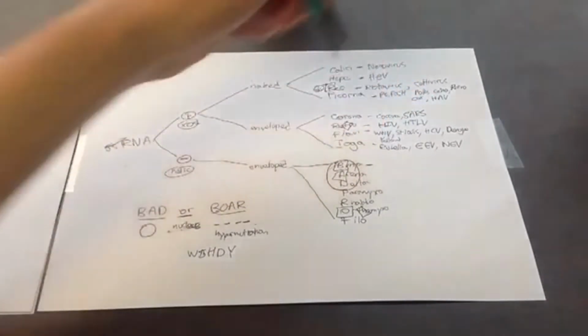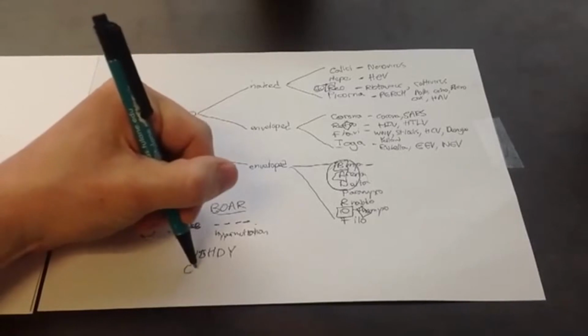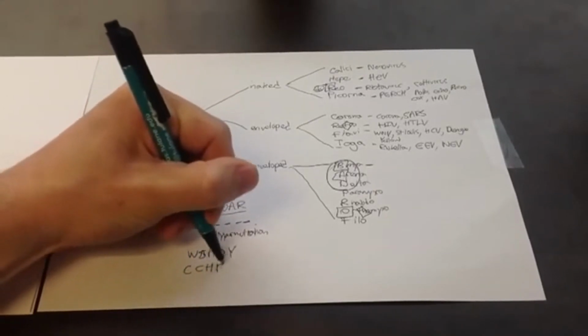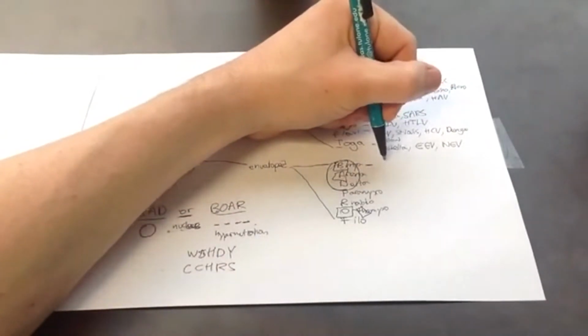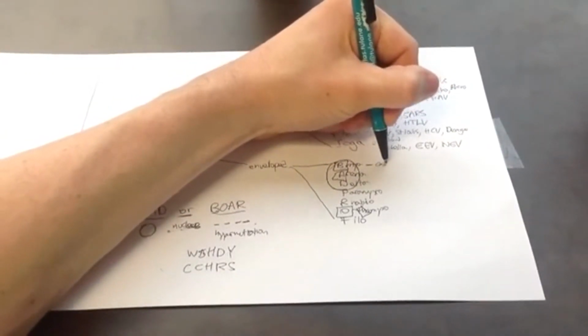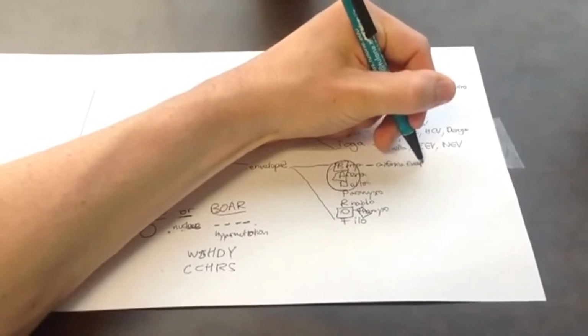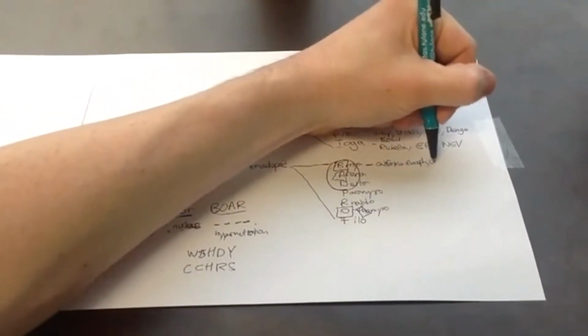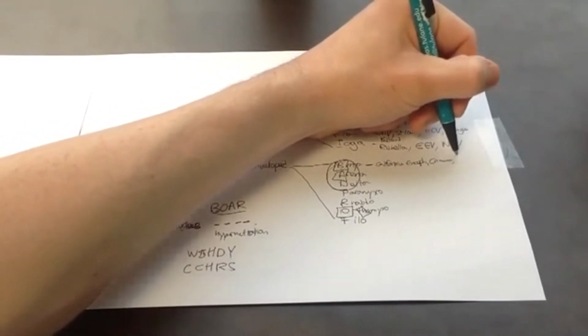Bunya has a ton of viruses too. I remember bun catchers, another mnemonic, CCHRS, catchers, bun catchers. C is for California encephalitis. Then we have another C, Crimean Congo. And then hantavirus.